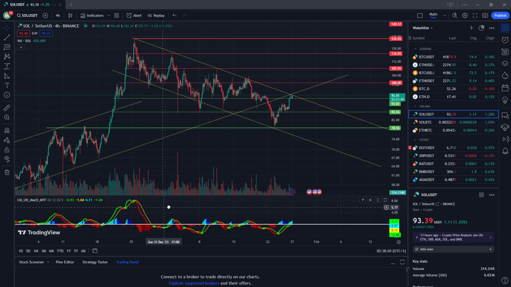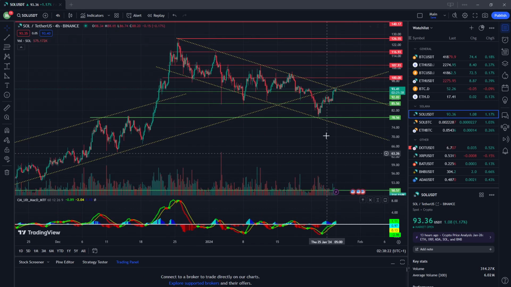It's the convergence or divergence, and what it does is it takes a moving average of 12 candles, so it averages the price of the last 12 candles. And the average of the last 26 candles. So in this 4-hour period, that's going to be like a week, I believe. I don't know for sure.